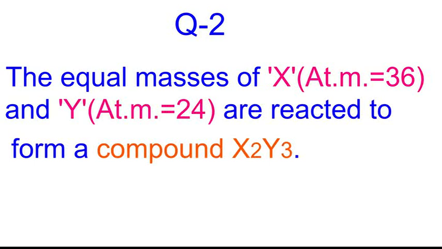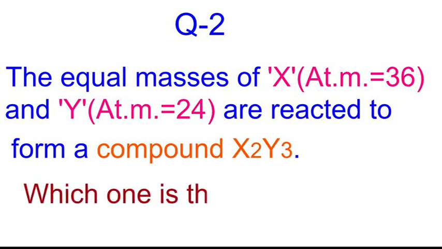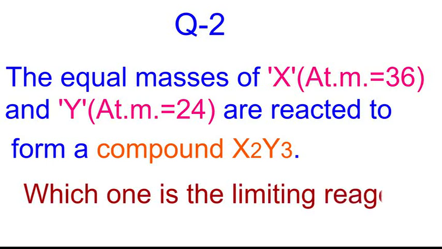Here you have to find out which one of X and Y is the limiting reagent. I tell you what limiting reagent is. Limiting reagent is that reactant which is consumed first in a reaction if the reactants are not in stoichiometric ratios.